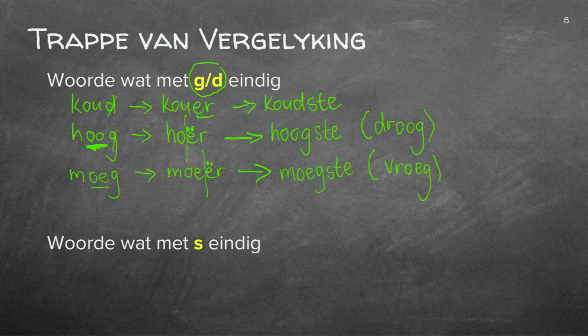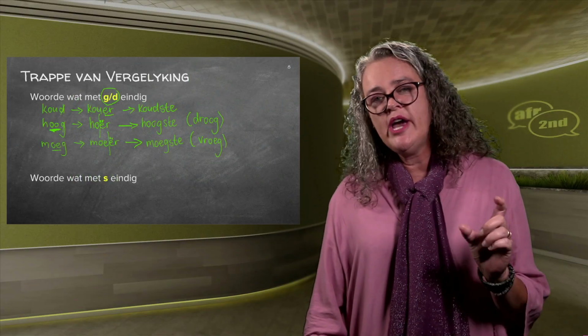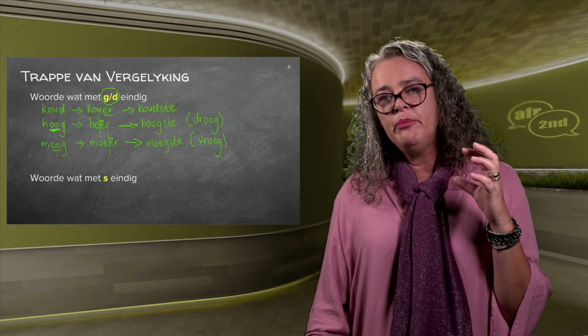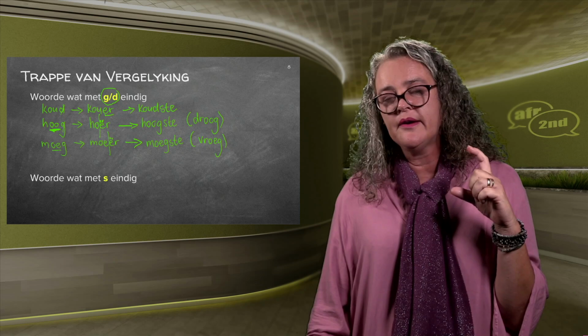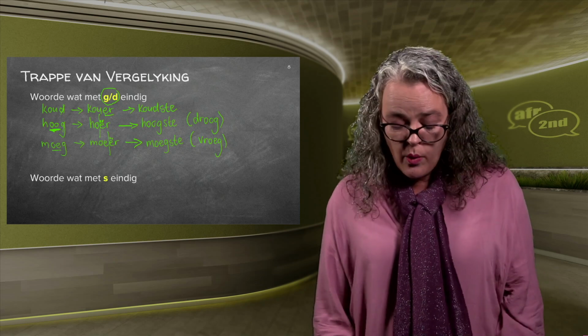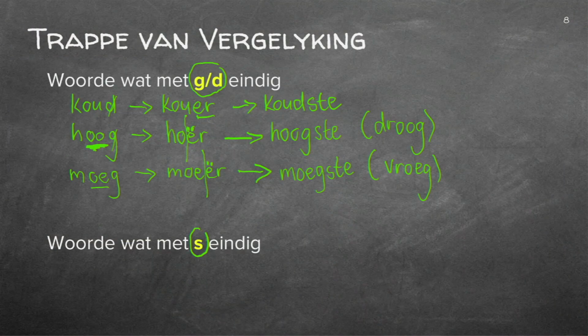Up to now, you would have noticed that the changes in the word only happen in the second step of your trappe van vergelyking. However, when a word ends on an S, we are going to make a change in the third step. Fluks.